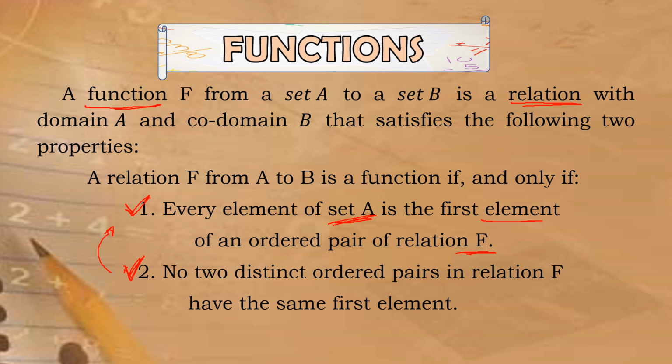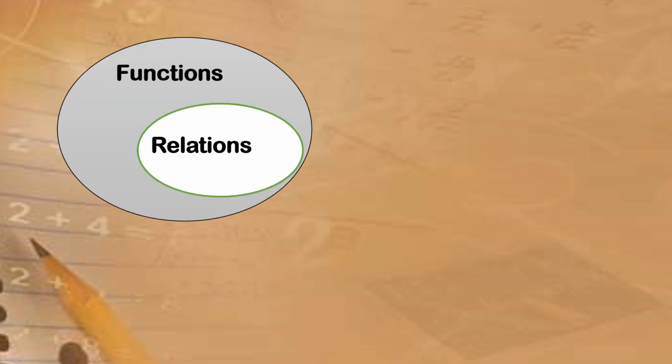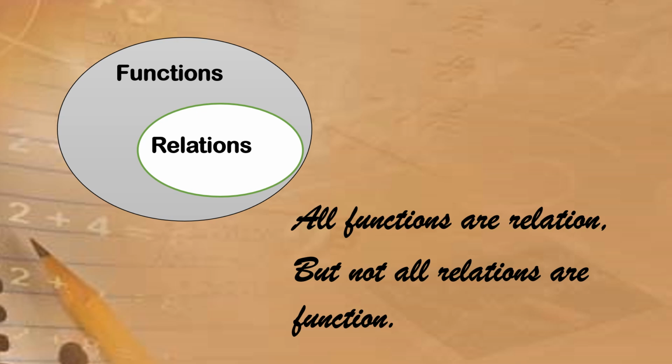So, ibig sabihin, yung set, yung x values should not be repeated and unique as itself for all the first element. Okay? We also have this saying that all functions are relations, but not all relations are functions.